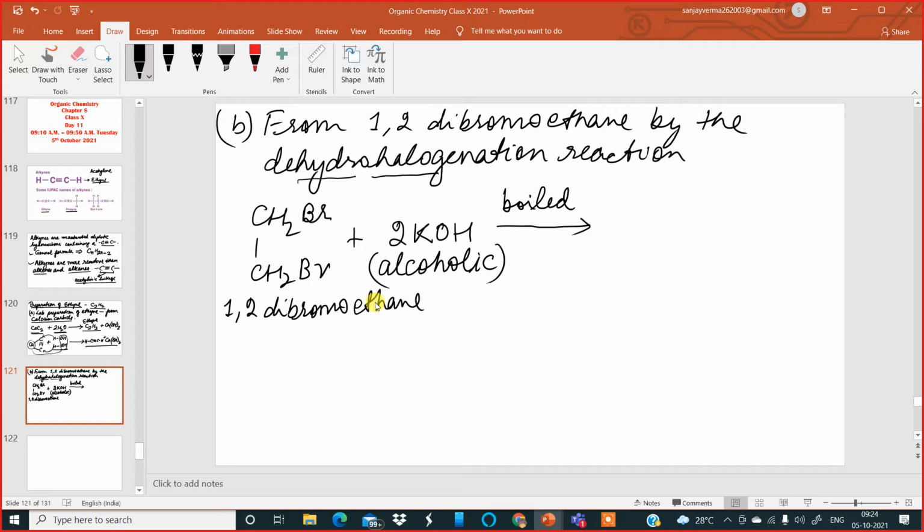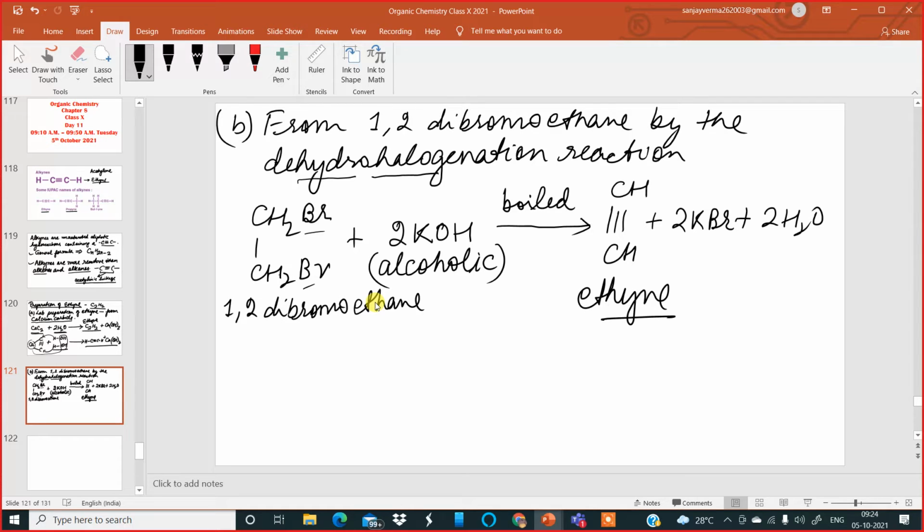One hydrogen each from the two carbon atoms and one halogen each from the two carbon atoms are eliminated, and that's how we get ethyne. CH triple bond CH plus twice KBr plus twice H2O. So this is also the general method for the preparation of ethyne.